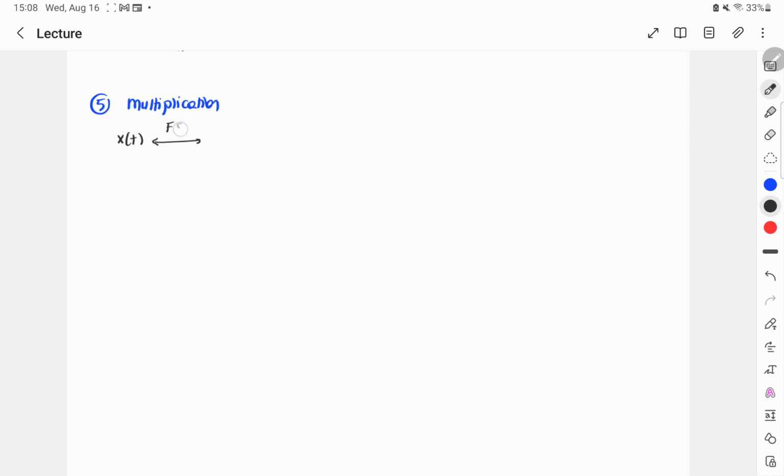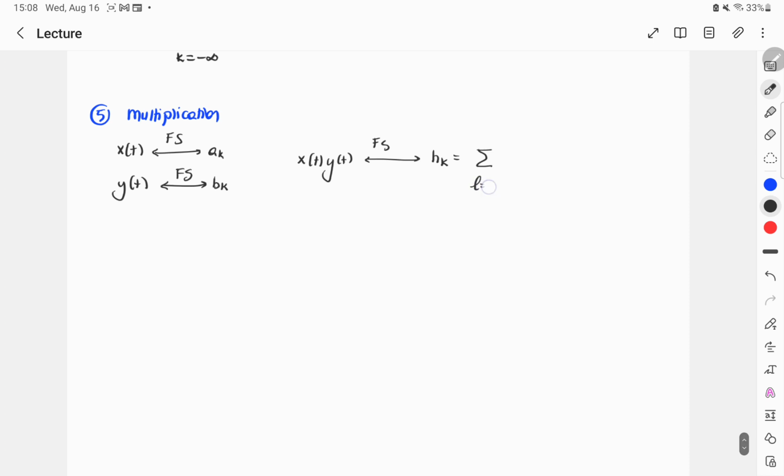If the Fourier series coefficient of x(t) is a_k, and if the Fourier series coefficient of y(t) is b_k, then we can say that if x(t) and y(t) are multiplied, the Fourier series coefficient is obtained as the sum over l going from minus infinity to infinity of a_l times b_(k minus l). Okay, this is the method that we will apply.